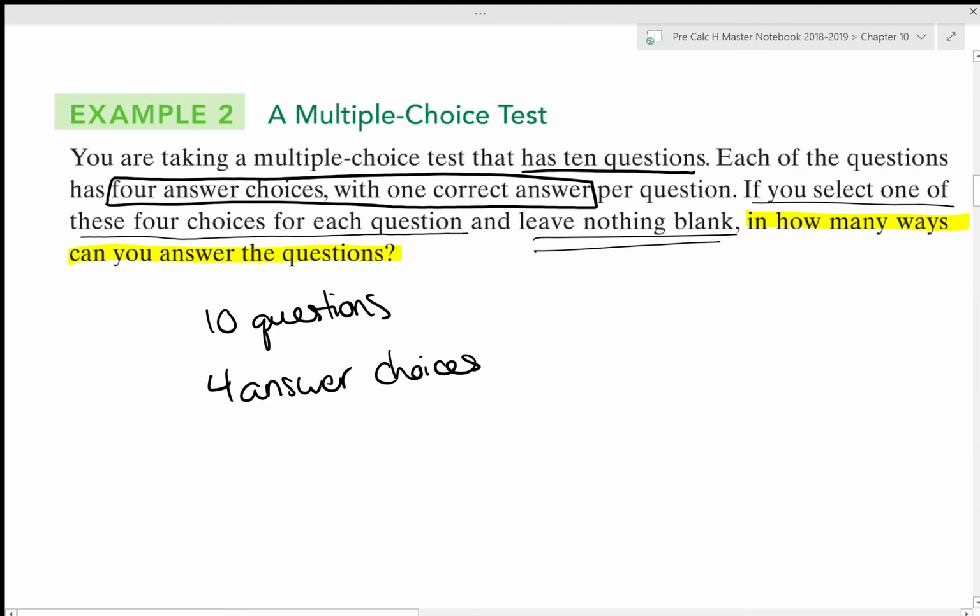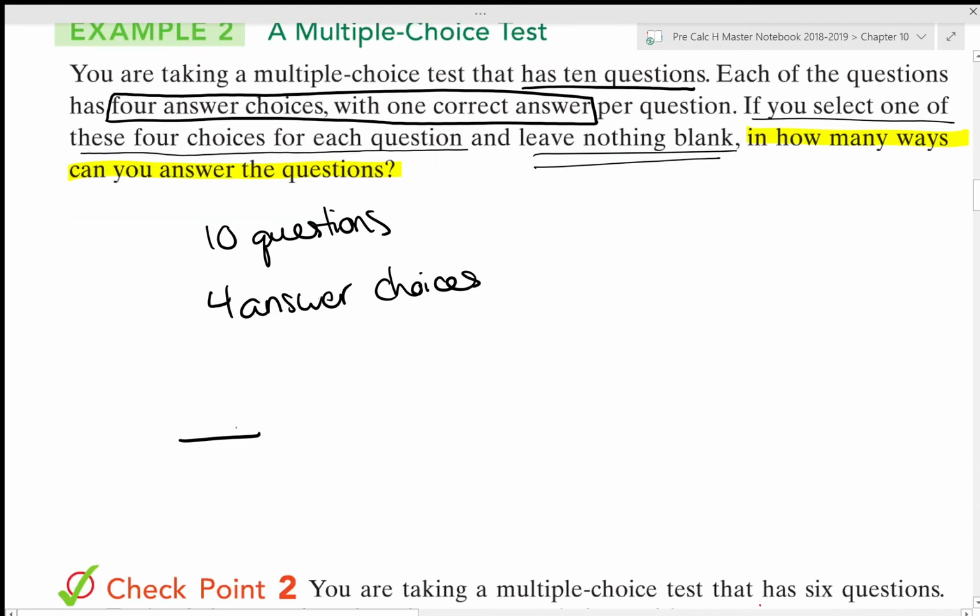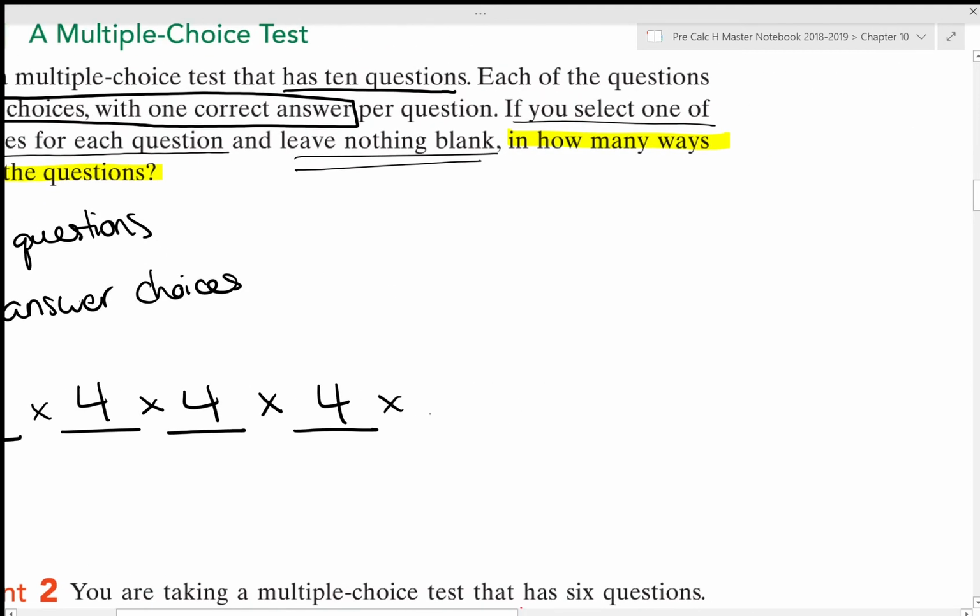So for question 1, 4 options to pick from. And then you have to answer question 2, which has 4 options. Remember, and means multiply. And you have to answer question 3, which has 4 options. And you have to pick the 4th and the 5th, and so on and so forth.